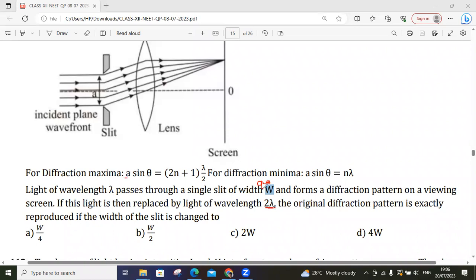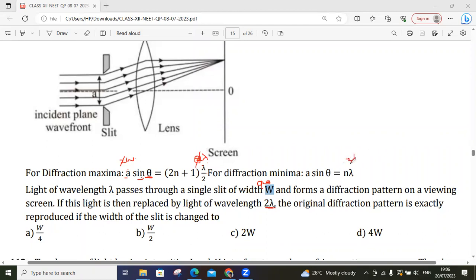So a sin theta, and here we have lambda. For it to reproduce again, this theta should not change. Now lambda has become 2 lambda. If theta should not change, this 2 should be taken care of. So if a was earlier W, now we can make it 2W, so that this 2 and this 2 will cancel. Theta will remain the same.